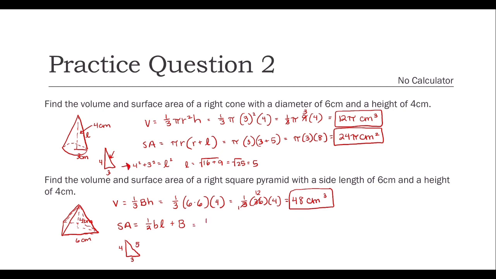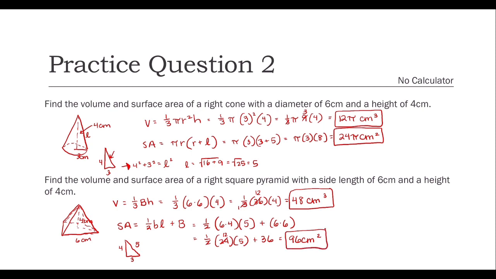So it's going to equal 1/2 the perimeter of the base, so that's 6 times 4, because we have 4 sides that are 6 centimeters long, times your slant length, which is 5, plus the area of your base, so 6 times 6. So this equals 1/2 times 24 times 5 plus 36. Half of 24 is 12, so we have 12 times 5, which is 60, plus 36, which is 96 centimeters squared.